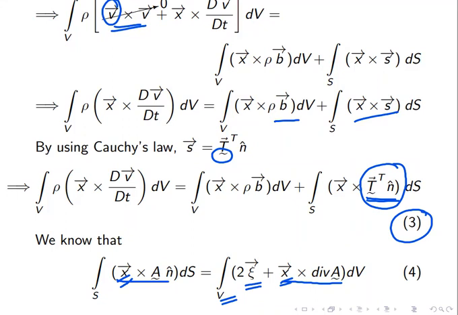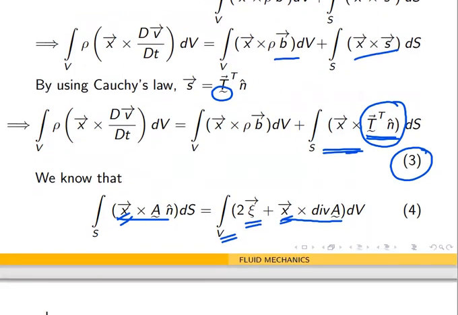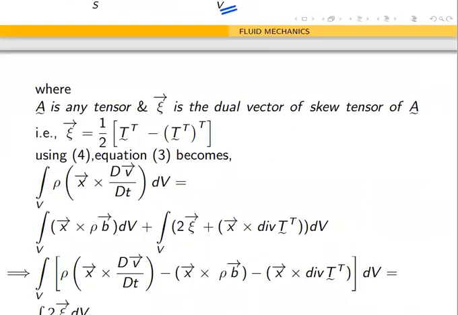Now look at equation 3. In equation 3, we have the surface integral, that is this part there, right? In the place of A, I have T transpose. So xi will become what now? Xi is the dual vector of the skew tensor of A, and our A is nothing but T transpose.